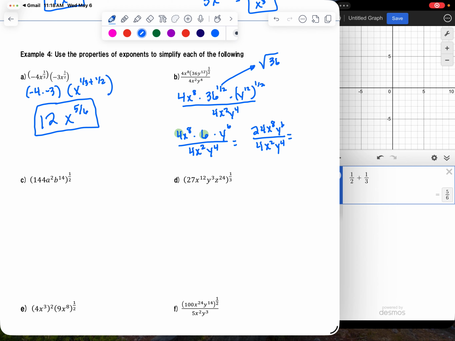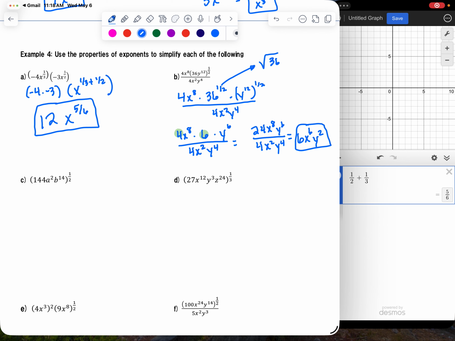So 24 divided by 4 gives me 6. And then x to the 8 divided by x squared. Remember, to divide like bases, we subtract the exponents. So 8 minus 2 would be to the 6th power. And then y to the 6 divided by y to the 4 would be y squared.